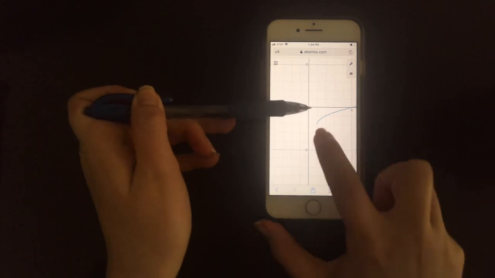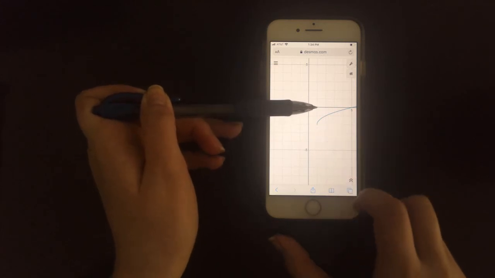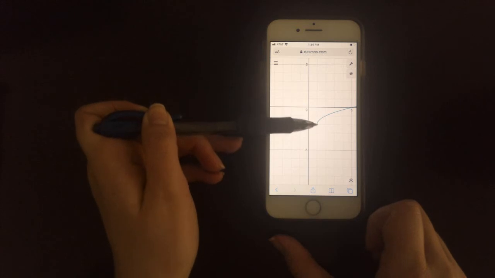But so on here, if we start here at the origin, and then we're transforming the vertex over here, this tells us that this shifts to the right 1, and then down 2. Like I said, I know those lines are hard to see, but maybe if I zoom in a little bit.